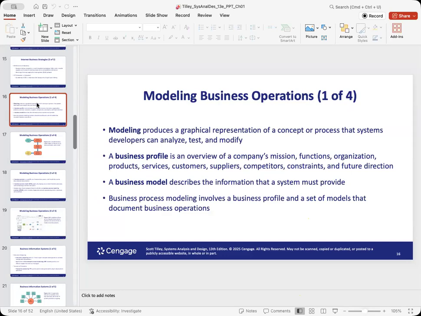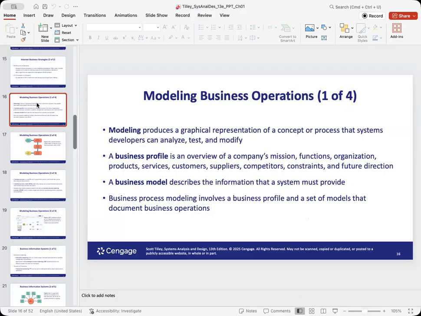We all understand what business profile is. It has to do with a company's mission, vision, functions, organization, products, services, and all. If you are establishing a business, you would definitely need a business profile. And that business profile introduces the kind of business that you are doing.